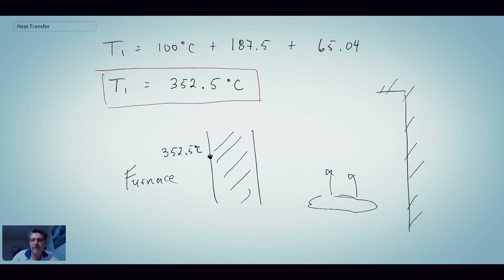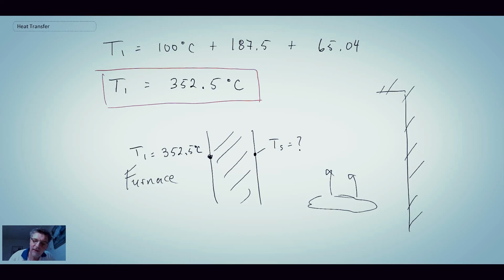Now, this was fairly easy given that a lot of the information was given to us. Had I asked you to solve for the surface temperature, that would have been a little bit more challenging because you would have had a fourth order equation that you would have to solve. But this was a little bit more direct the way that we had it, trying to solve for T1.